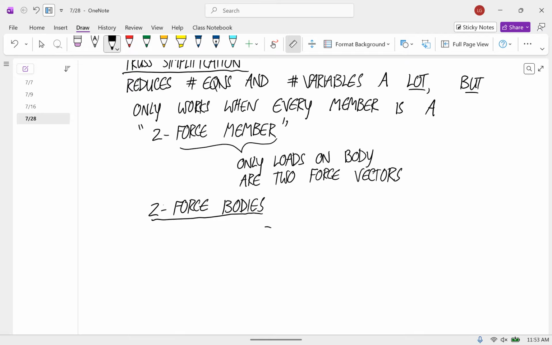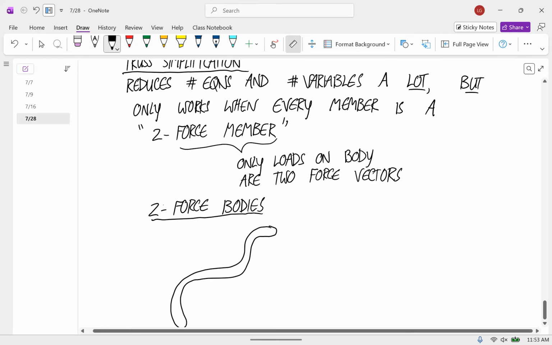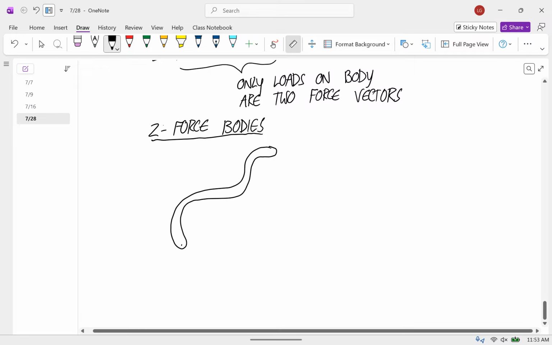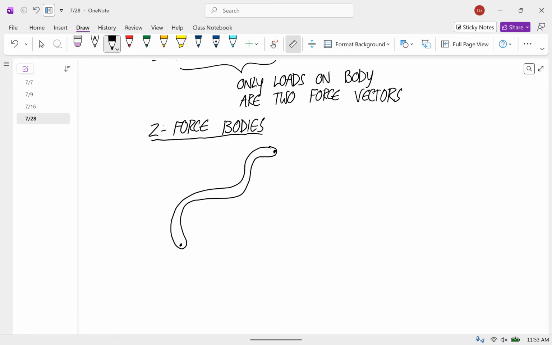Let's think about just a general body, and I'm purposefully making it a weird shape. Let's think of applying forces at this point and this point. And we're only considering these when they're in equilibrium. This is static, so everything is in equilibrium.